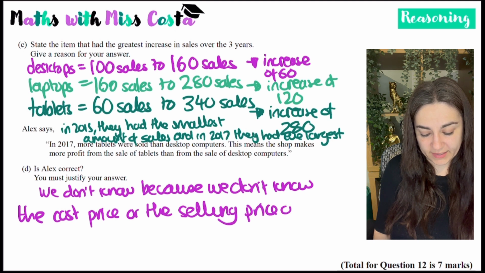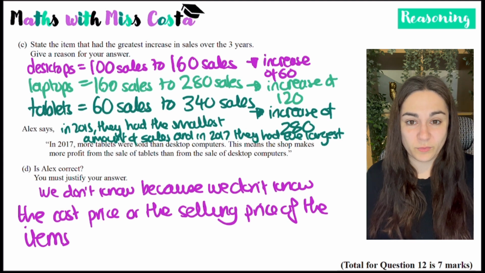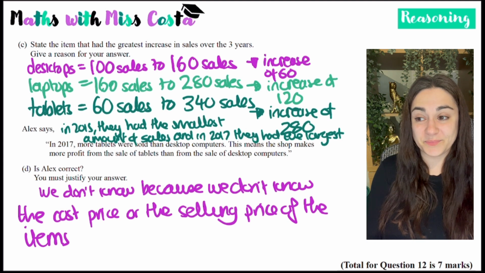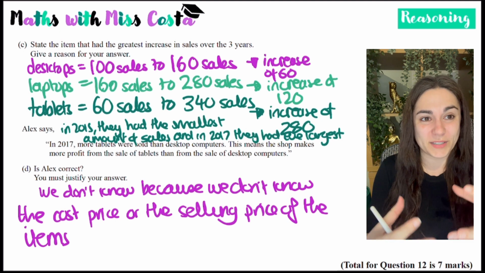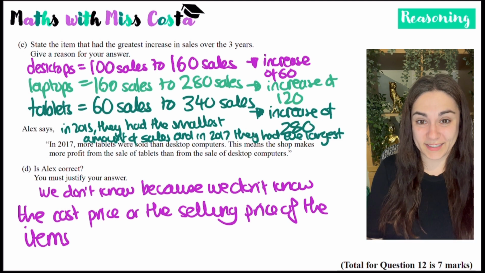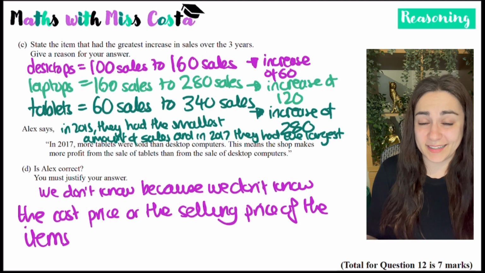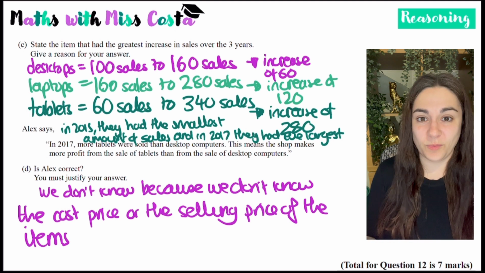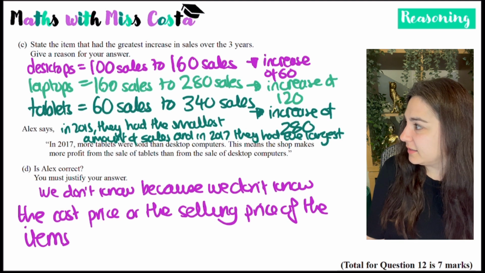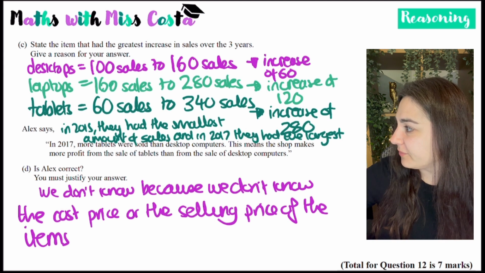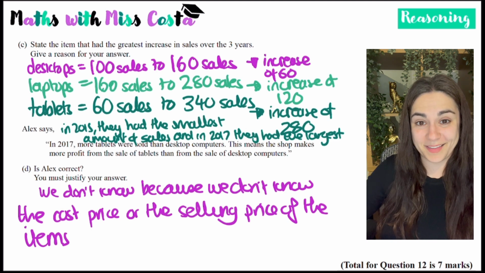of the items. So with the reasoning questions, they are really tricky because they require you to bring in real life knowledge. But profit is what's left over after all of your costs are incurred, and it's quite an important thing that you need to know for your GCSEs, but also just for real life. So we don't know the profit that they make on each item.